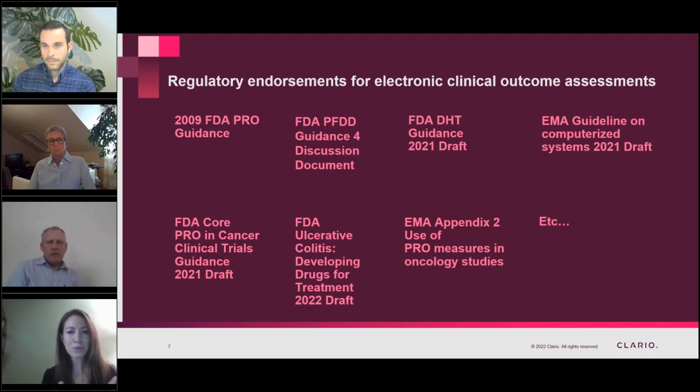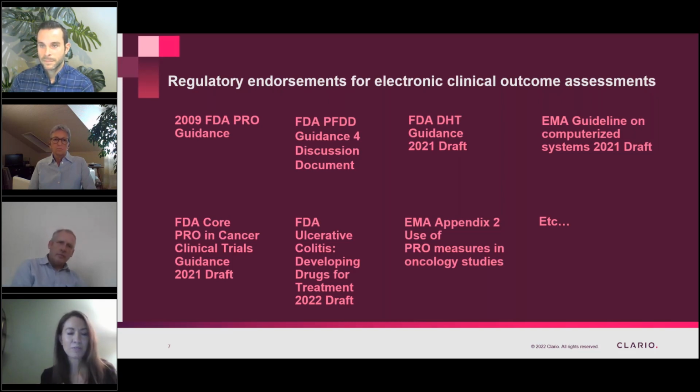So the important message really from these guidances and across regulatory agencies generally is that it's extremely important that you are measuring what is important to patients, and that's based on interviews with them and asking them what's important to them, so not based on any assumptions we might have. And then the COAs that are used to collect that information need to be valid, reliable, and appropriate for use in the context of your trial.